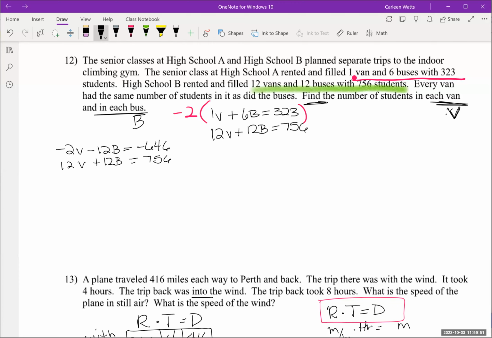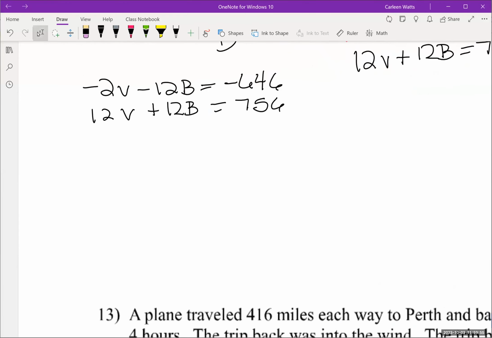Okay, let's look at the B's. Their coefficients are same but opposite. Next step, add down. Poof. 10V is equal to positive 110.